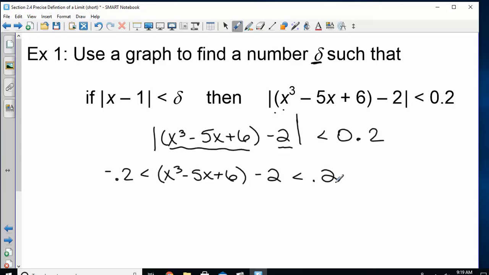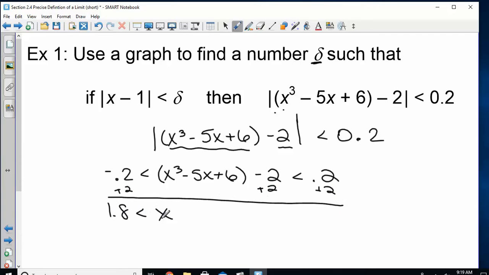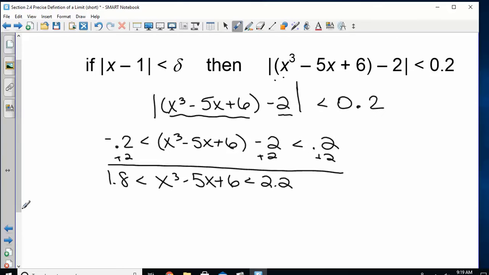So what would I do with my -2 here? If I add my 2 to everything, I get 1.8 less than x cubed minus 5x plus 6 is less than 2.2. Okay, I want you to go to your graphing calculator. I'm going to pull mine up on my computer so I can show you guys.